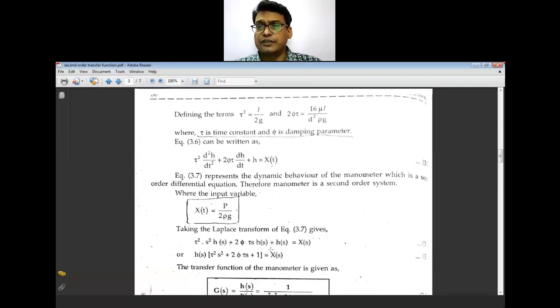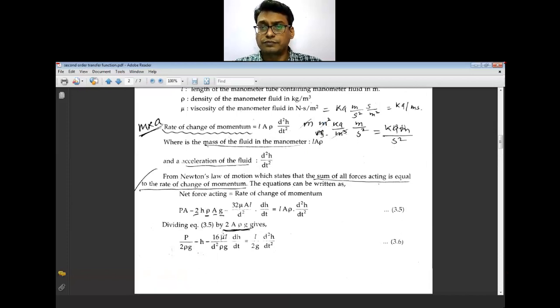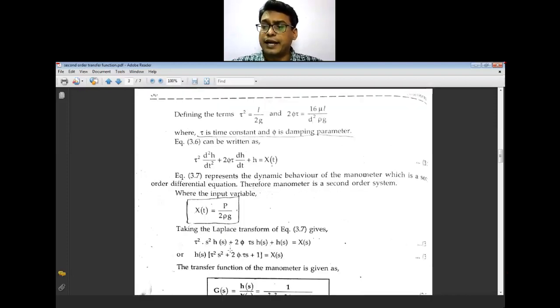And the second is 2 phi tau, which is 16 mu L upon d square rho g. So after simplification, you will get this equation.